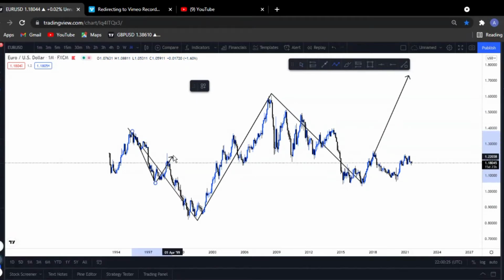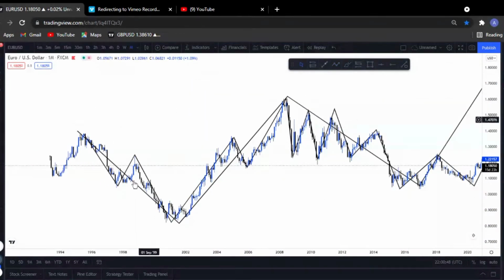Inside we have this move up, this down, this move up, up, down, up, and a bunch of this, and we have this and this.